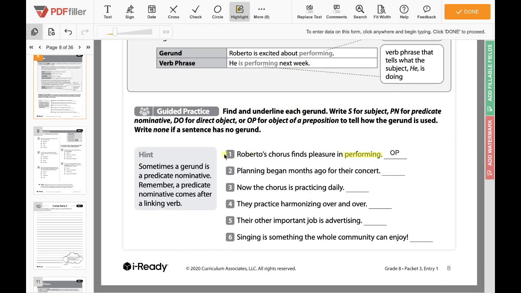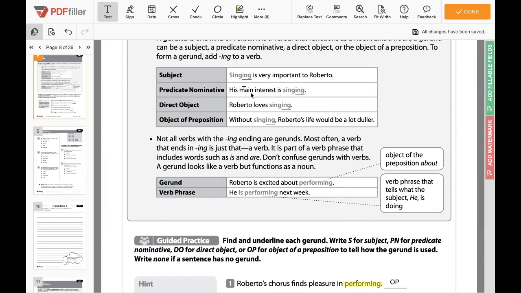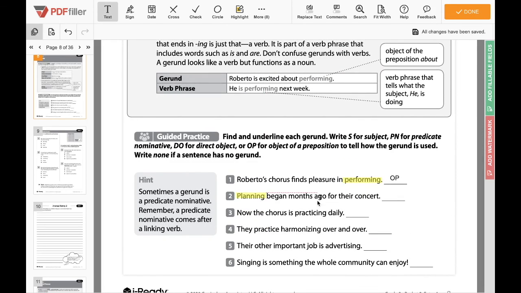Most of the time, our verb is not going to be at the beginning of our sentence. So this one here is a gerund. Now, it's at the beginning of the sentence because it is the what of that sentence, the subject, because it's talking all about planning, how that began months ago for their concert. So that's the subject of the sentence.